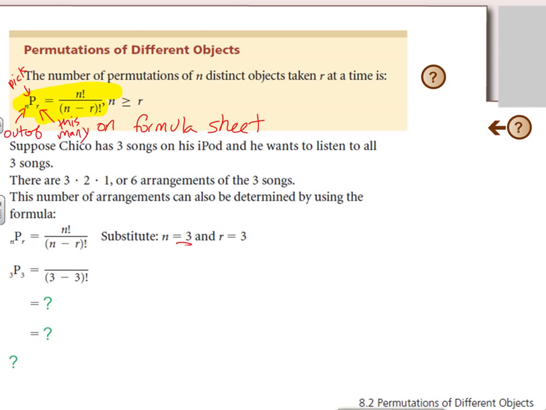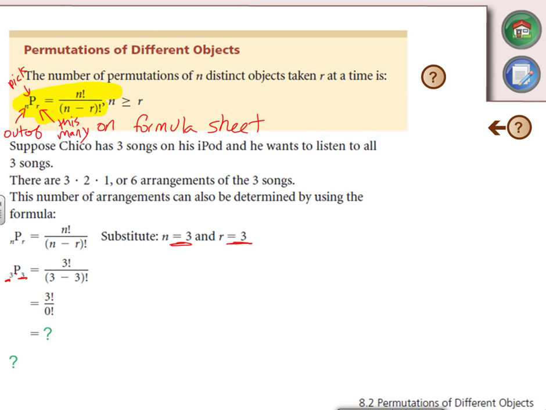So out of 3 songs, pick 3. Now we've got 3 factorial over 3 minus 3 factorial, which gives us 3 factorial over 0 factorial. This is where 0 factorial can't be equal to 0, because then we would be dividing by 0.